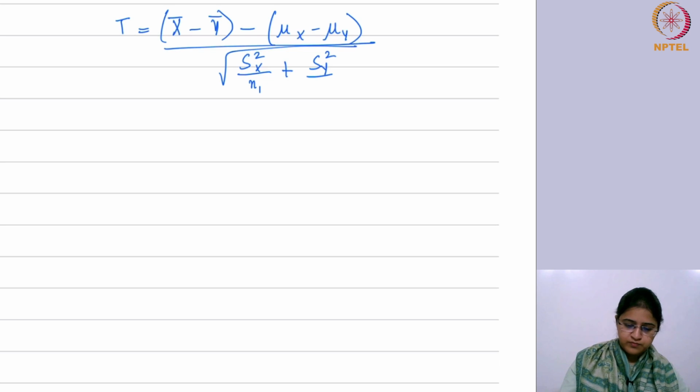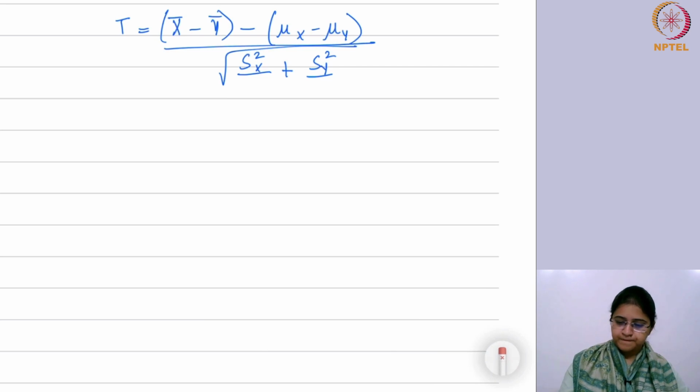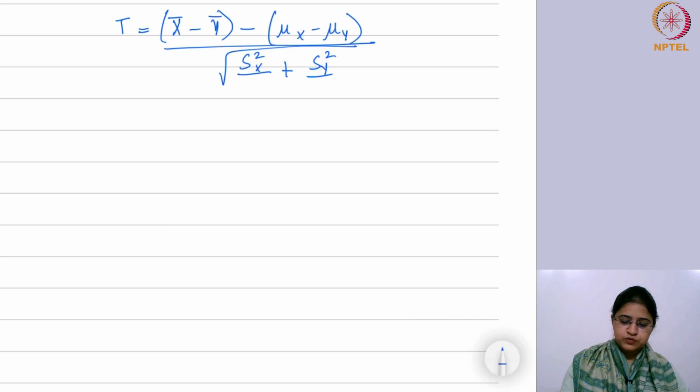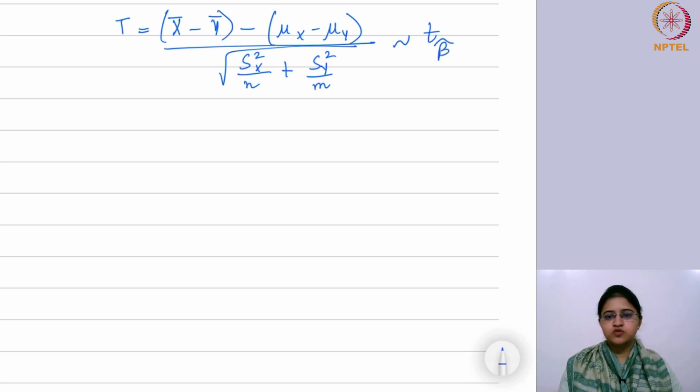Let me use n and m. This followed a t distribution with this parameter, right? This was one of the results in your fifth week, the sampling distribution week.